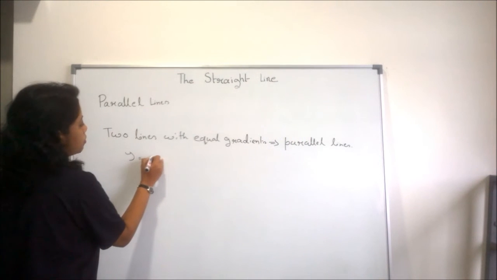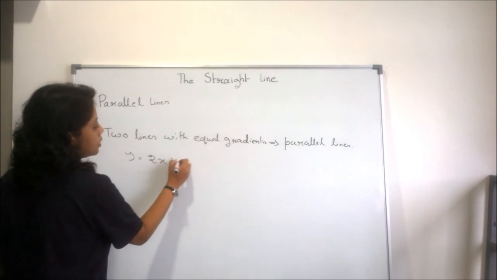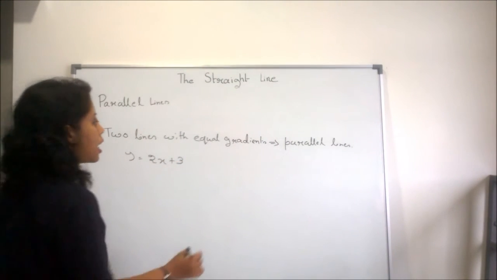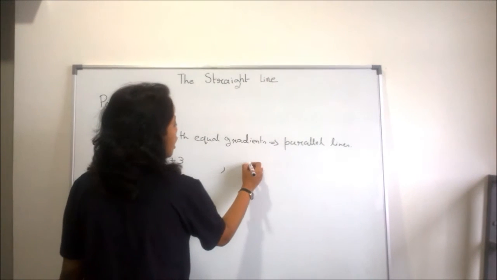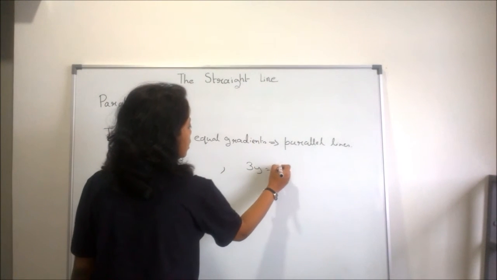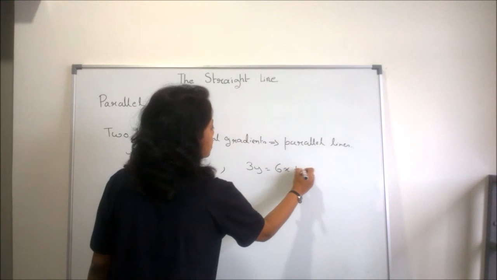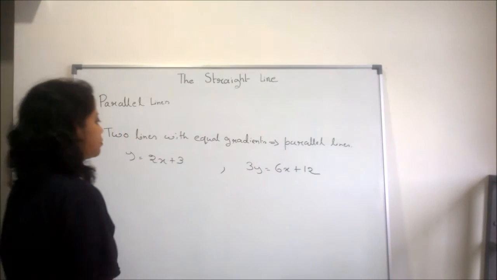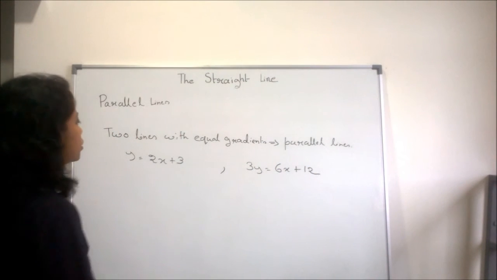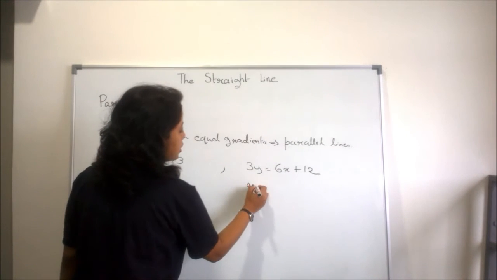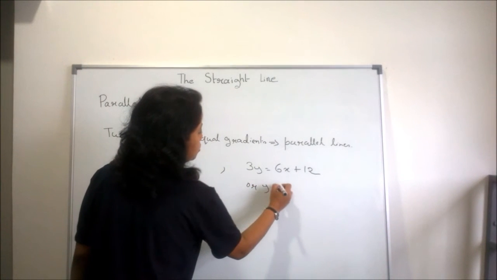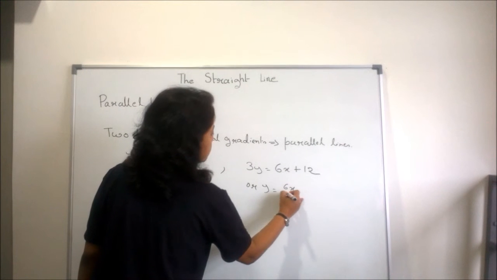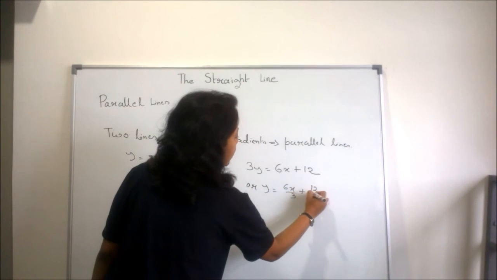One is y is equal to 2x plus 3, and another is 3y is equal to 6x plus 12. Here we can see that y is equal to 6x by 3, 12 by 3.